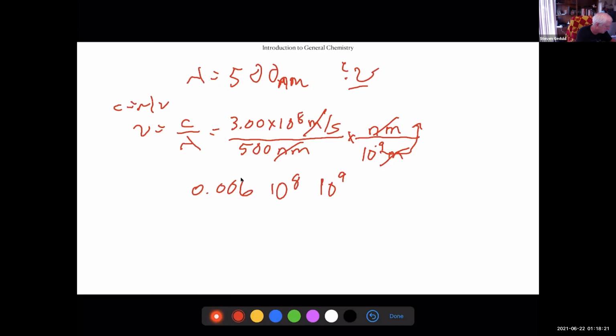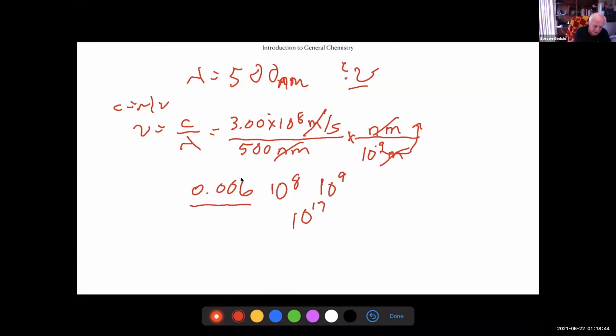Let's see where we were at. So 0.006, or 3 divided by 500. 10 to the 8th and 10 to the 9th is 10 to the 17. So we're going to make this 6. And we're good to the one significant digit here.